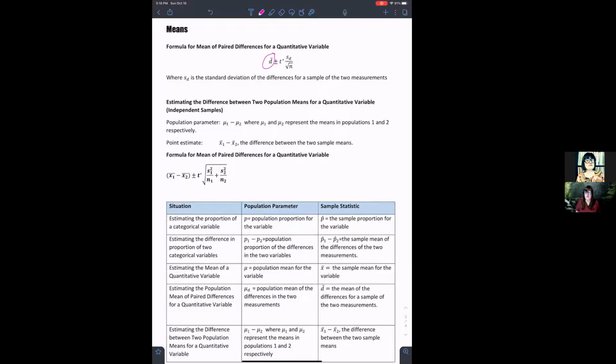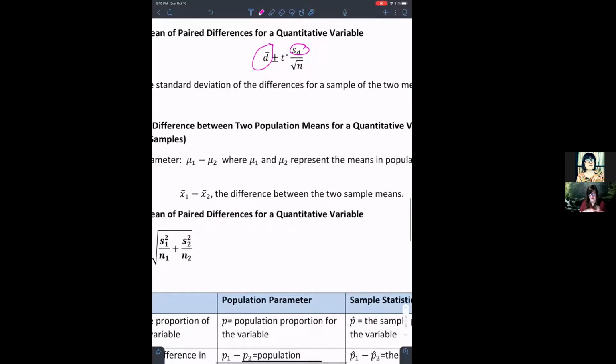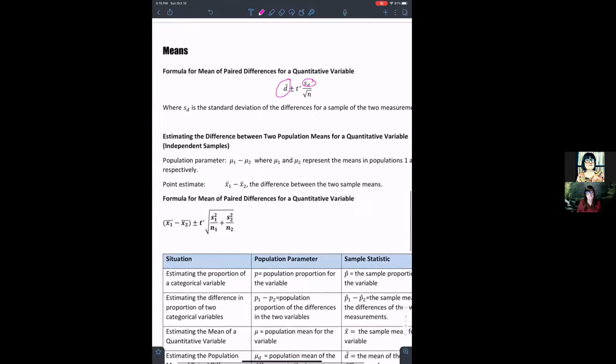So you will create the mean from that column. You will find the standard deviation from that column. So notice these subscripts, that S sub D, because we want to let ourselves know that while it looks like we're dealing with a single mean here, we've really gone and done this through pairing data up. And that's why we're using these subscripts.